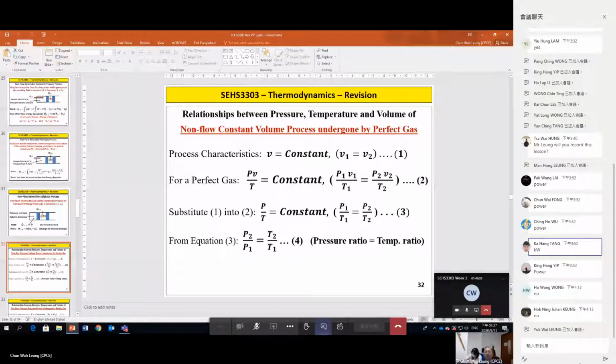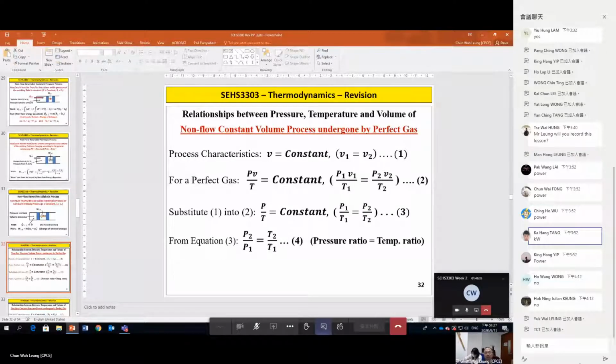Okay, so this is the first kind, a very simple process. In this process, volume equals constant, the pressure ratio equals the temperature ratio, work done equals 0, and heat transfer equals m Cv (T2 minus T1).